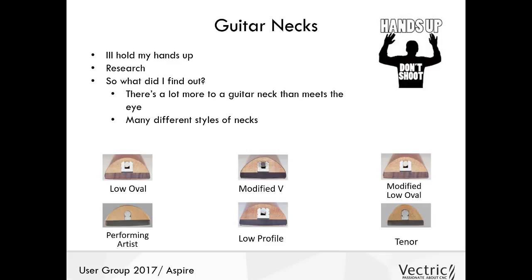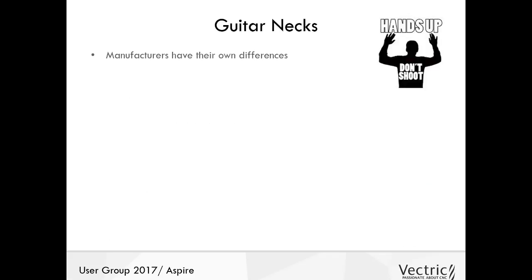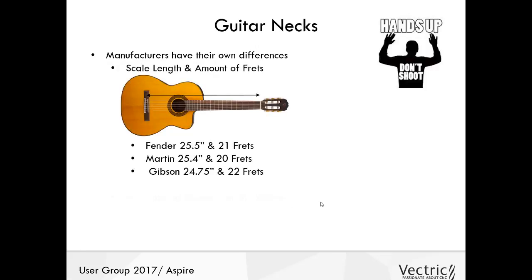Other differences that come with guitar necks are the fact that all manufacturers seem to have their own differences in specifications. So there's no one set of specifications that suits all. You'll find that the scale length, which is the length from the top of the guitar, so this is the guitar nut here, is the measurement from here all the way down to where the strings are attached at the base of the guitar here.